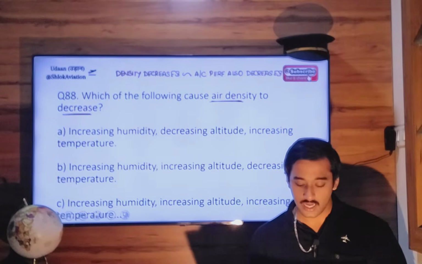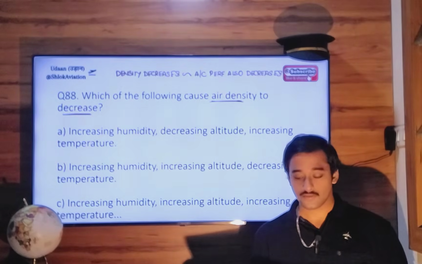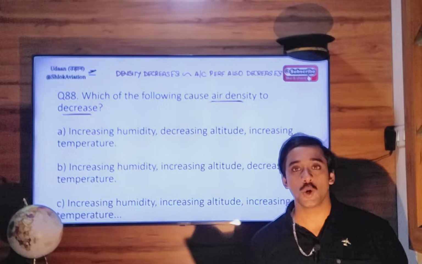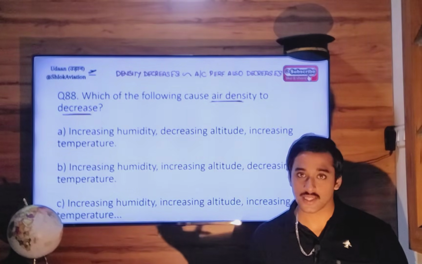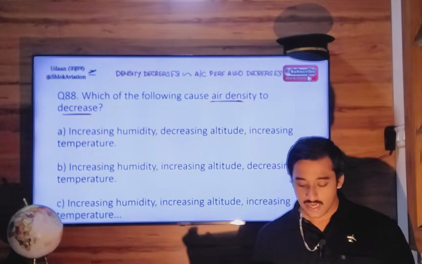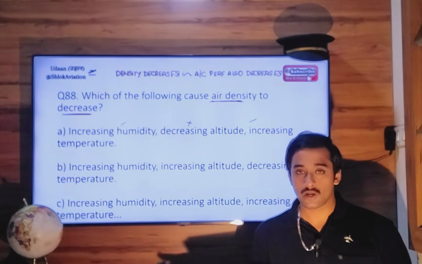Air density decreases with increasing humidity, yes. Decreasing altitude means you're coming to lower levels. When you come down to lower levels, atmospheric pressure increases, right? So you will have much more density. Increasing temperature is yes, but decreasing altitude is wrong.